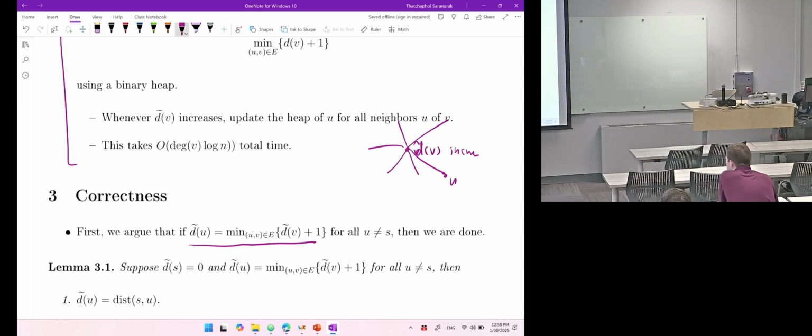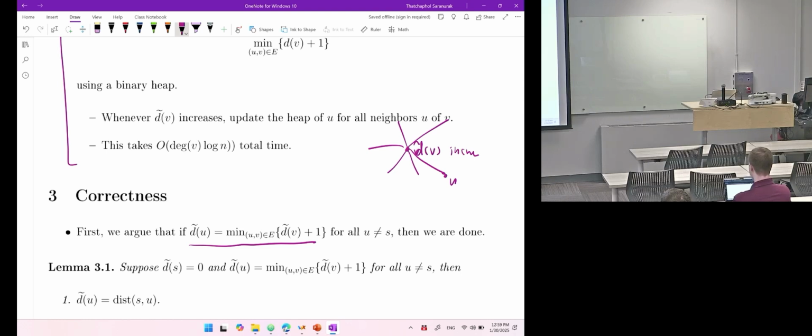For the first step, supposing this is true for every node, I hope you are convinced that the estimate here is a correct distance, just because the estimate at s is just 0, and everyone just looks at its best neighbor plus 1. So if this is the case, then it's a correct distance.